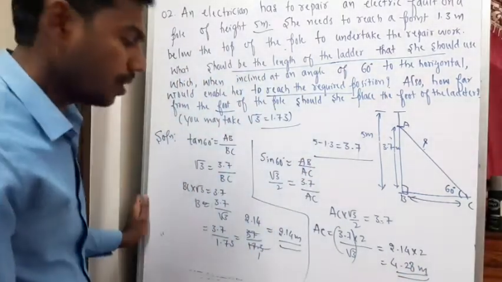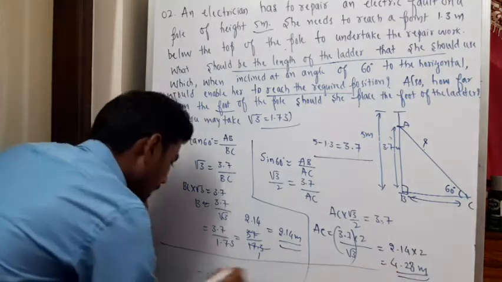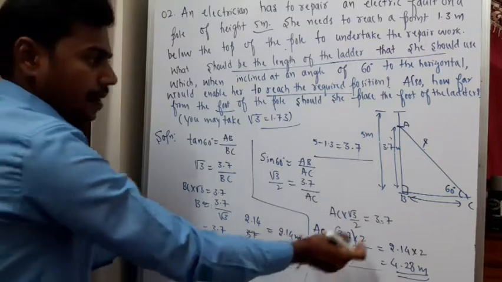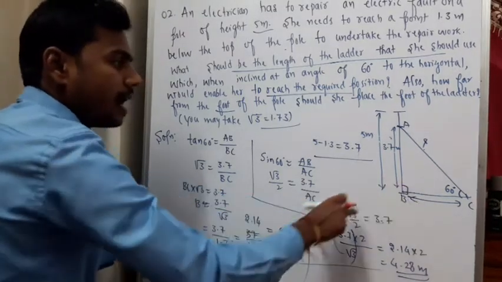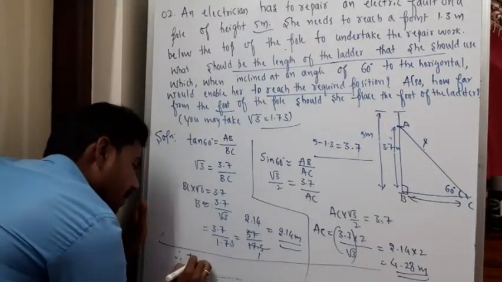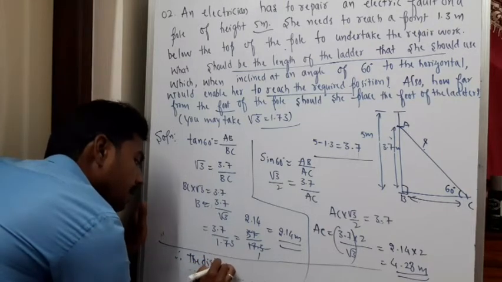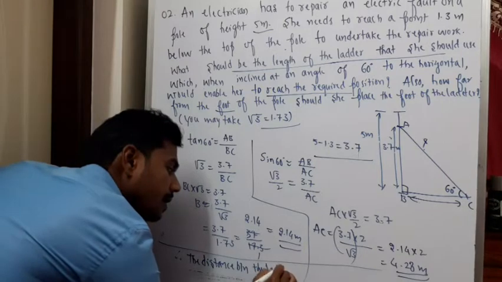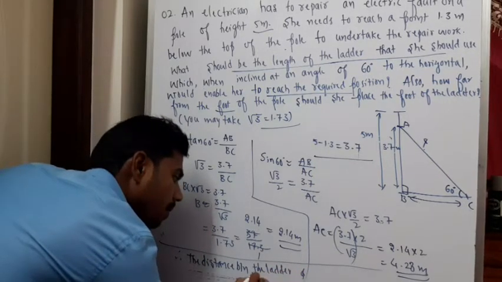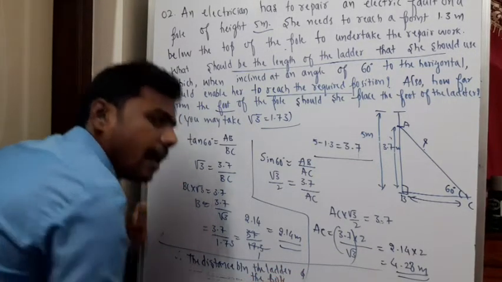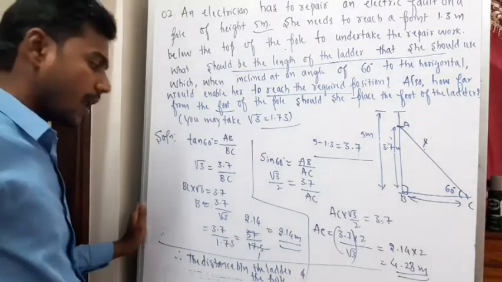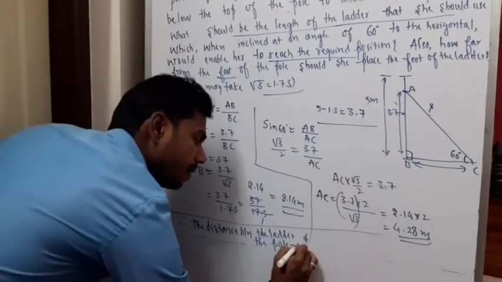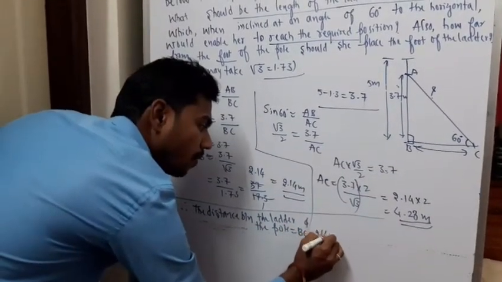So now we can conclude here. Therefore, the distance between the ladder and the pole is equal to BC, which is equal to 2.14 meter.